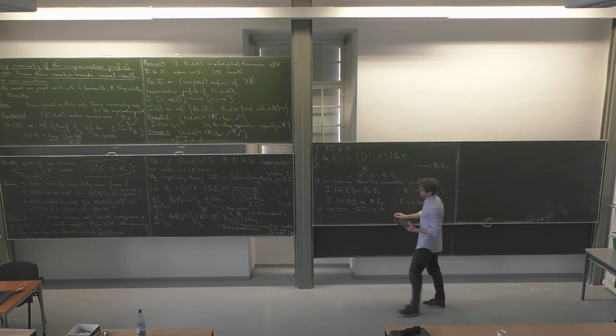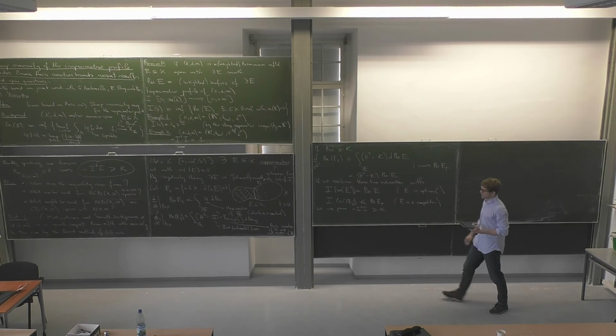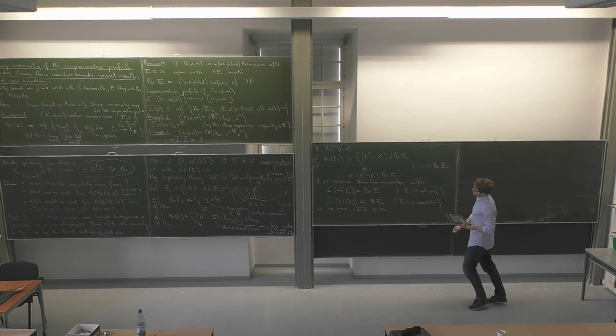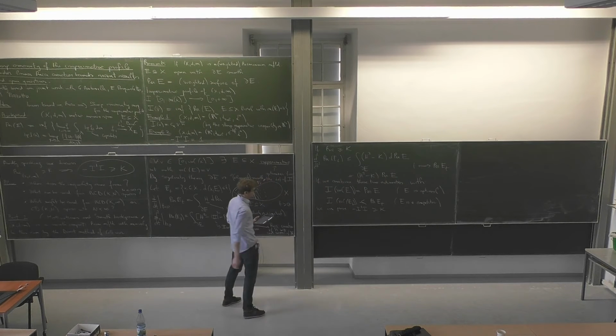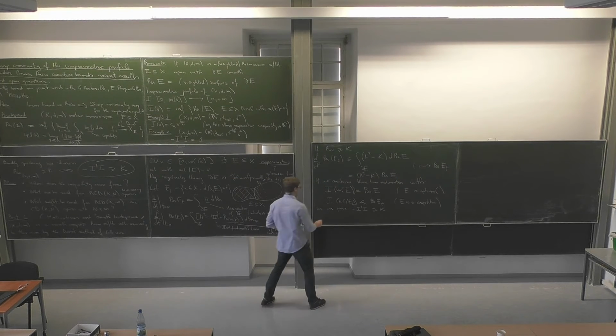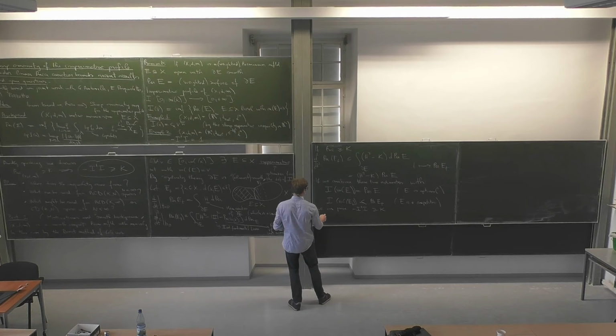Okay, let me briefly discuss references. So where does this argument come from? Originally some of the ideas come from the original paper where Gromov proved the sharp isoperimetric inequality, the so-called Levy-Gromov inequality.